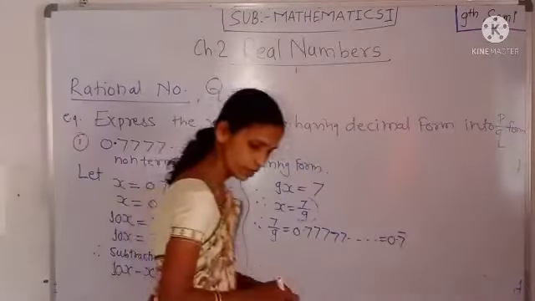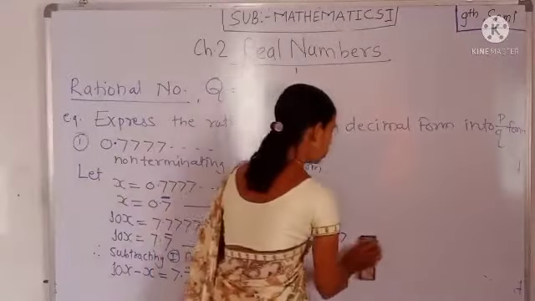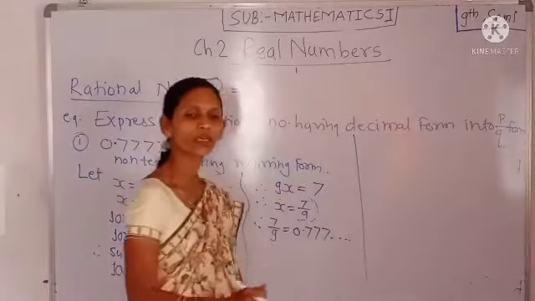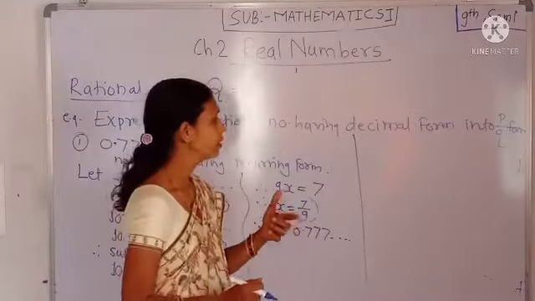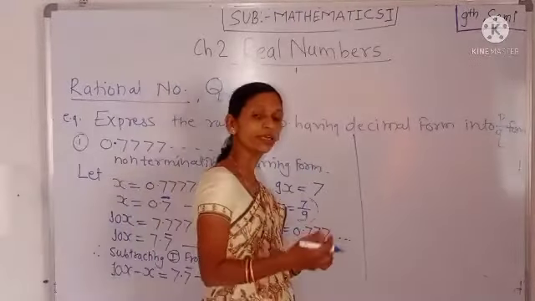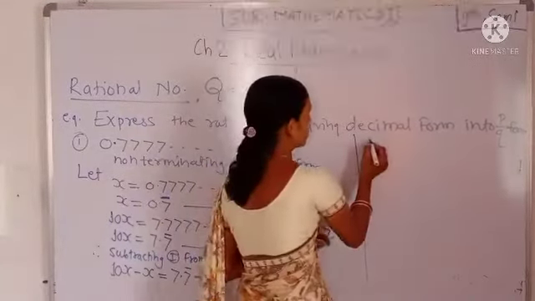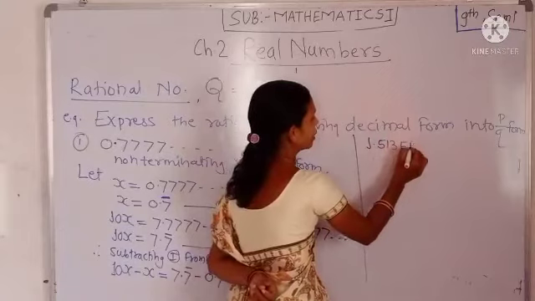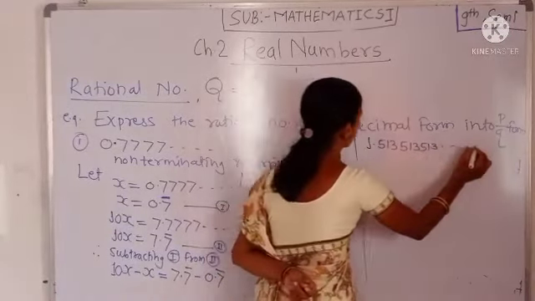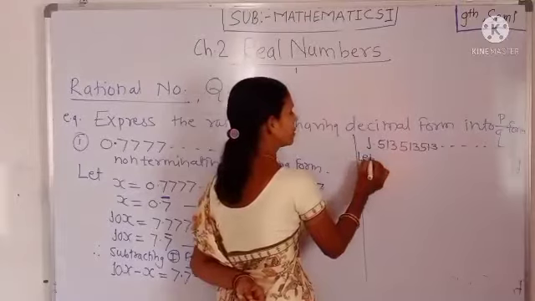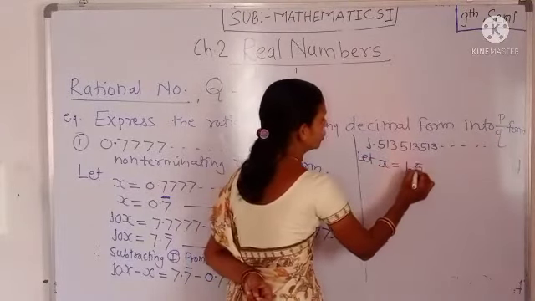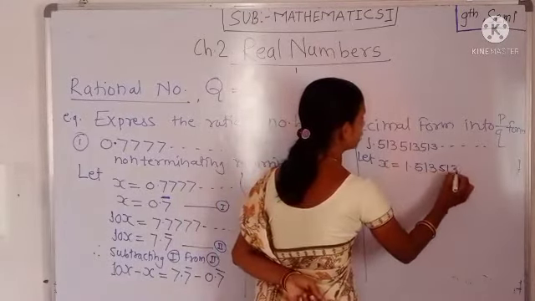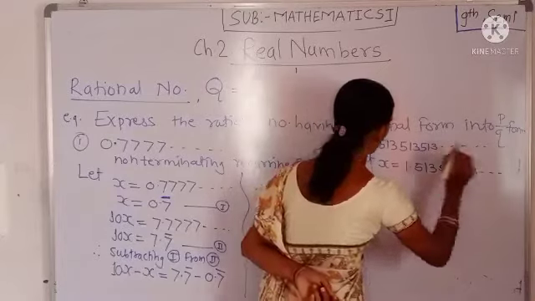Similarly, we can express one more rational number in p upon q form, which is given in recurring decimal form. Then here the example is 1.513.... Let us consider x is equal to 1.513, that is here 513 repeating.